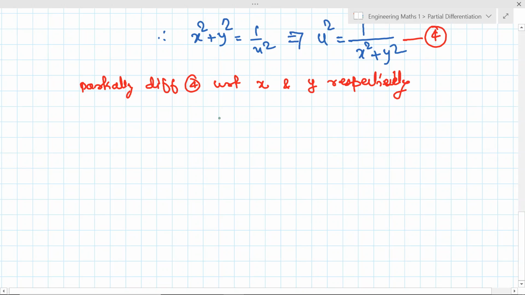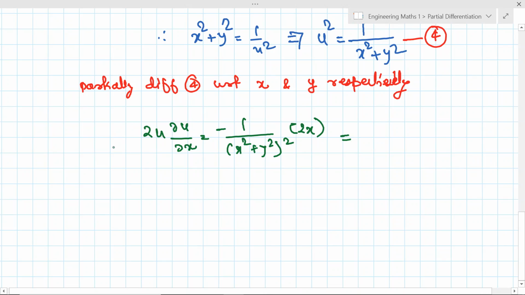The derivative of u square is 2u into del u by del x, equal to minus 1 upon (x square plus y square) whole square into 2x, because it is with respect to x.